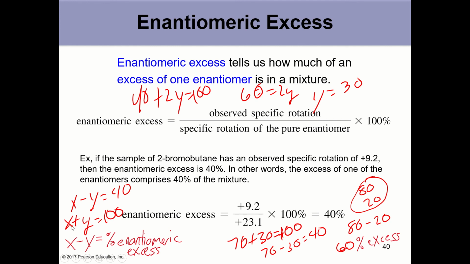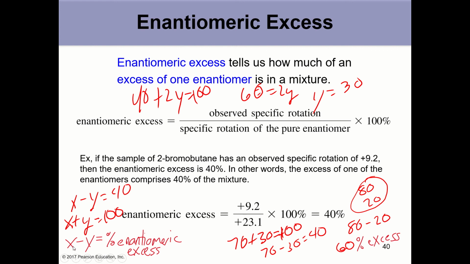What does that mean? The amount of positive rotating isomer plus the amount of counterclockwise rotating isomer must equal 100%. And the difference in the isomers, because one is in excess of the other by 40%, must be 40.